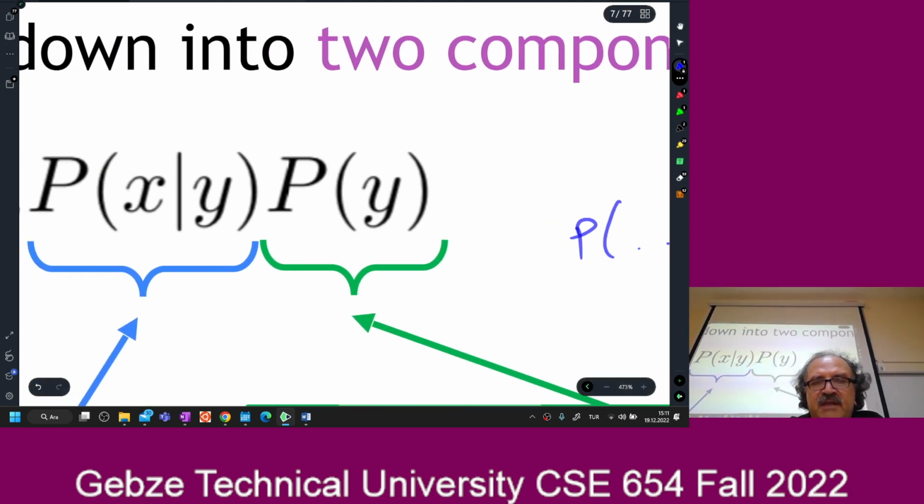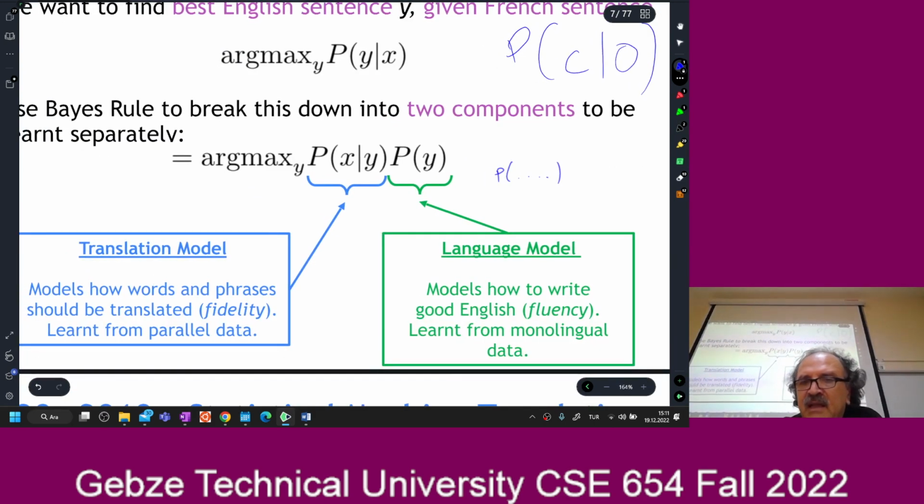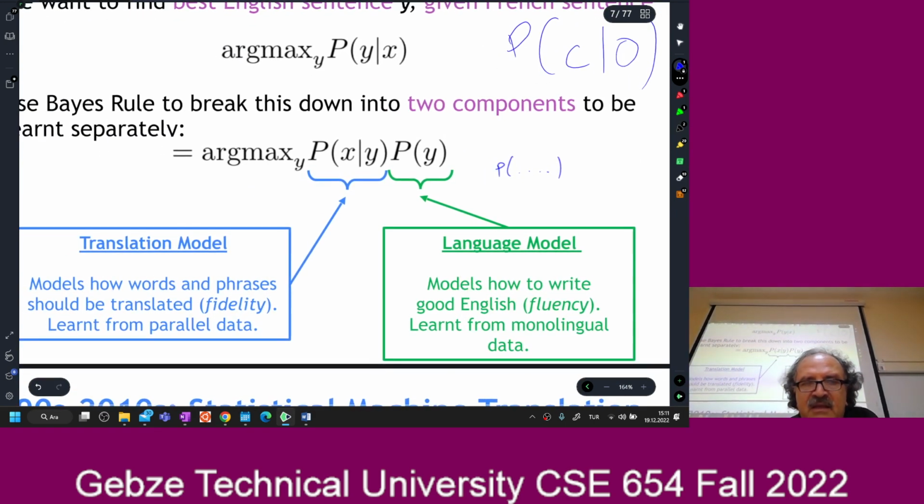The important thing is this one, the translation probability. Okay, language model, we know it. This is the translation model. So this is called fluency. Whatever I am producing, remember I am producing Y, whatever I am producing should be fluent in English. Okay, whenever you hear it, you say that it's grammatical, it sounds nice, and normal people can use this kind of a sentence.